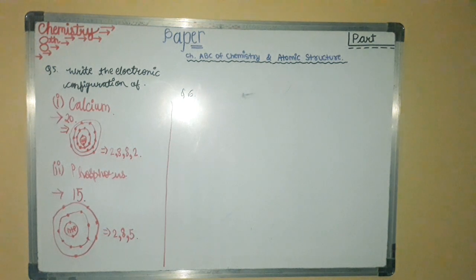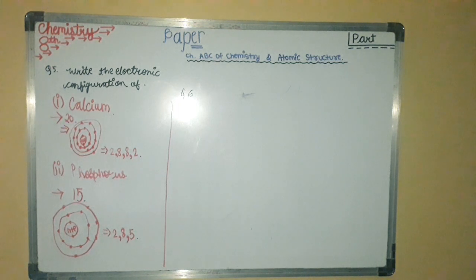First observation of Rutherford was hollow atom, and the conclusion was major part of the atom is hollow because if atoms were solid throughout their volume, then every alpha particle striking them should have changed its path and got deflected.